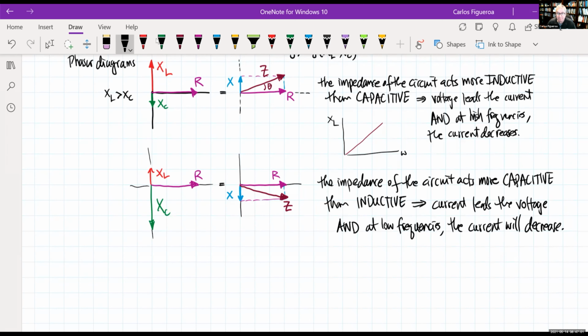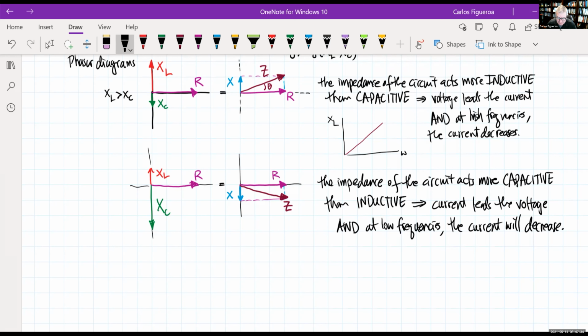So how the impedance behaves is going to tell us what the circuit is going to be doing. And so we play this game. Now this is obviously fairly simple. We're only talking about two vectors at this point, or three vectors.